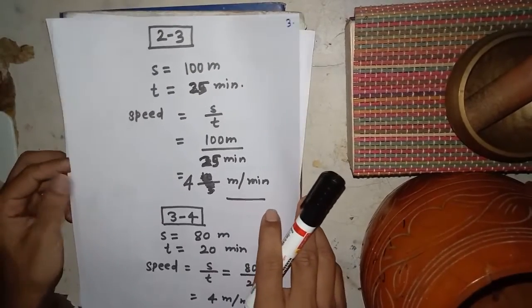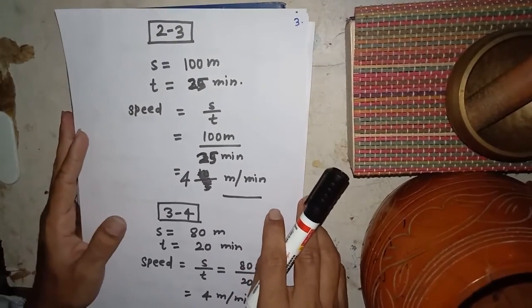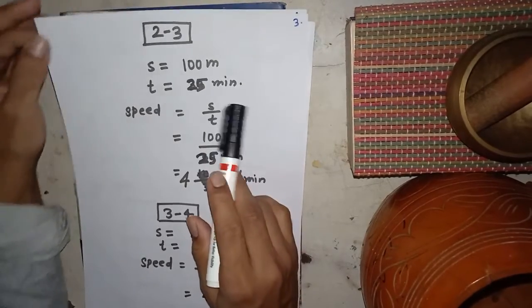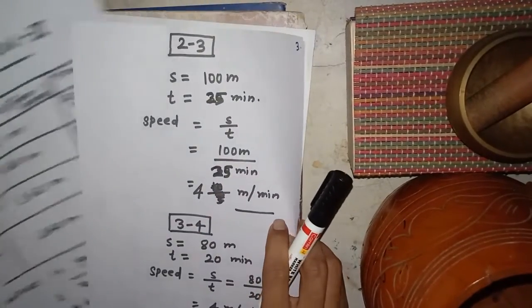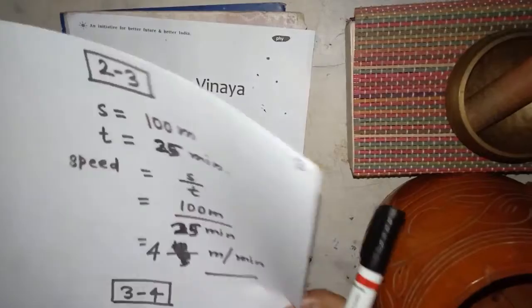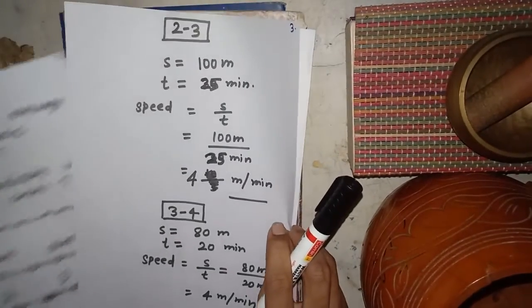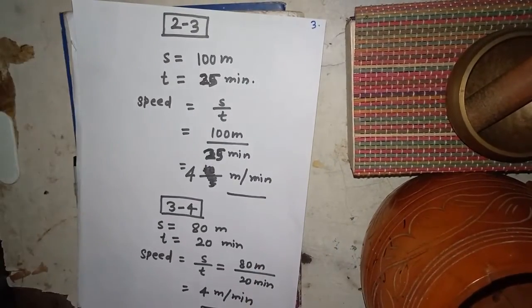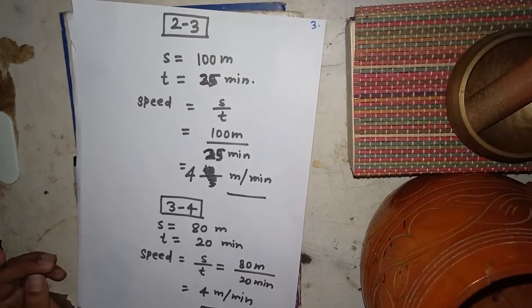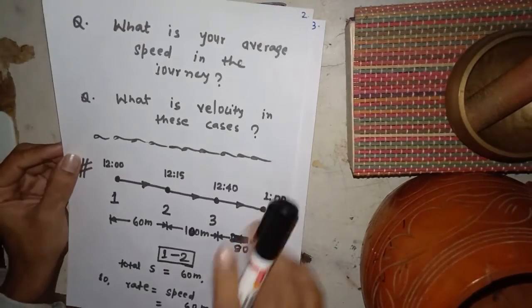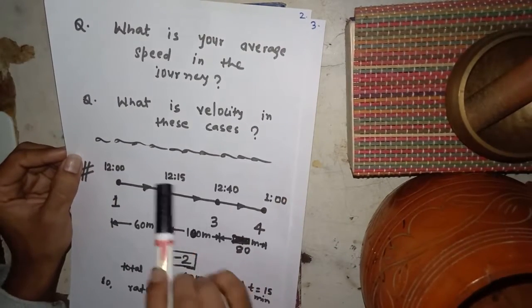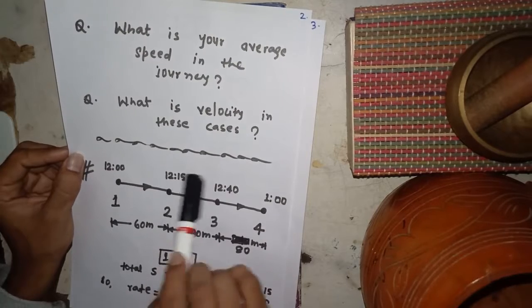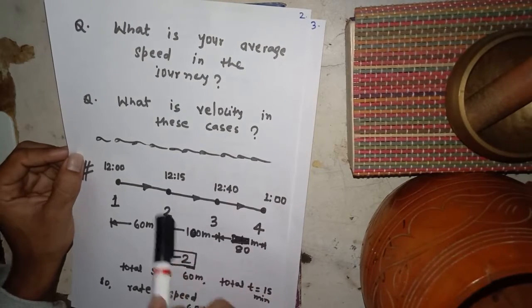So from 2 to 3, the total displacement is 100 meters, and the total time taken is 25 minutes. Here you can see for 2 to 3, t2 minus t1 means the time taken is 25 minutes. Have you got my point?